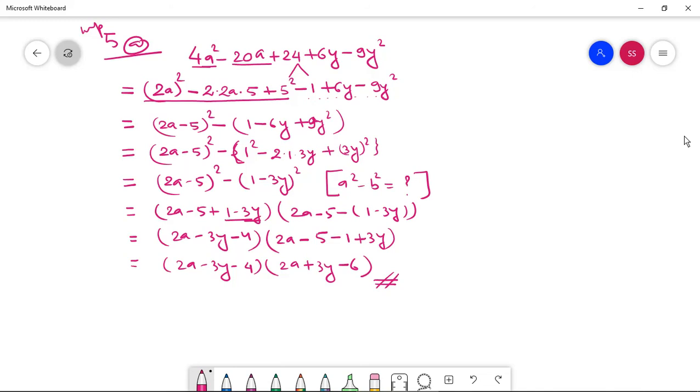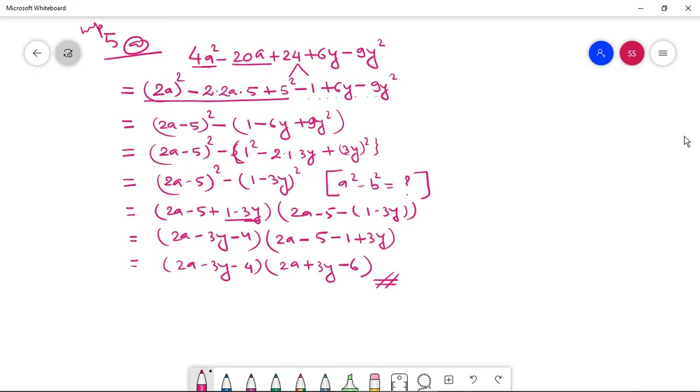Another target or our plan is to make the second term also a perfect square, because we have to apply the a square minus b square formula. So 1 minus 6y plus 9y square. If you know, you can write this step directly, but if you don't know, you can expand. I have expanded here to make it clear, because this is the first question.